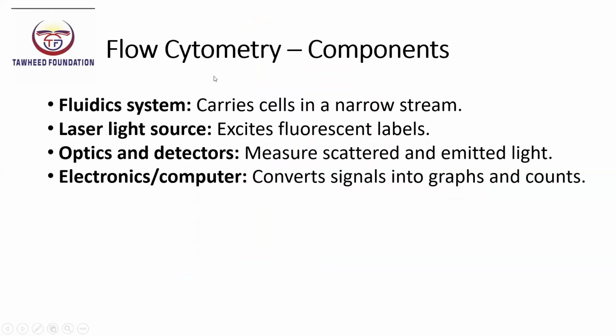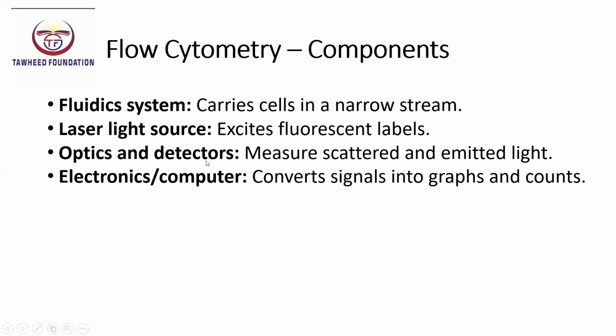Flow cytometry components. A flow cytometer consists of several critical components. The fluidic system ensures that cells pass in a narrow stream, allowing single cell analysis. The laser light source excites fluorescent labels attached to antibodies.